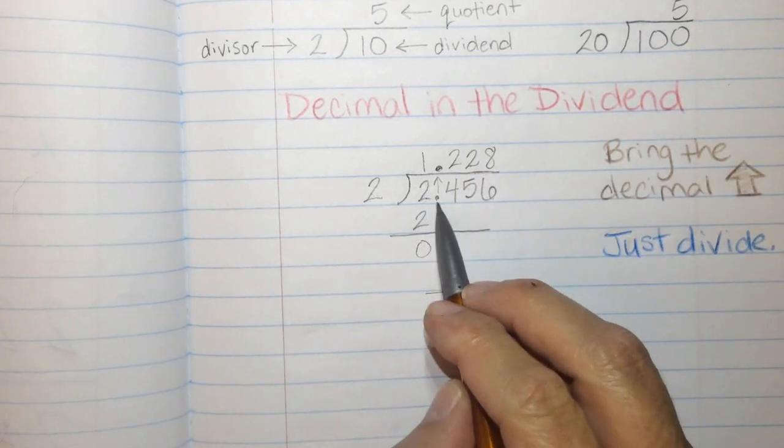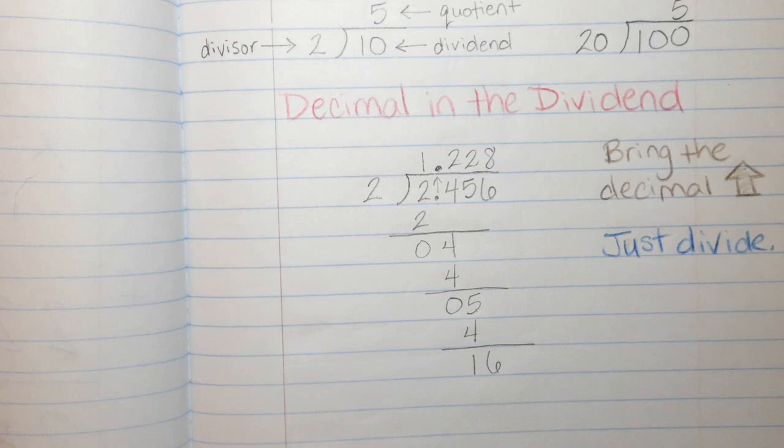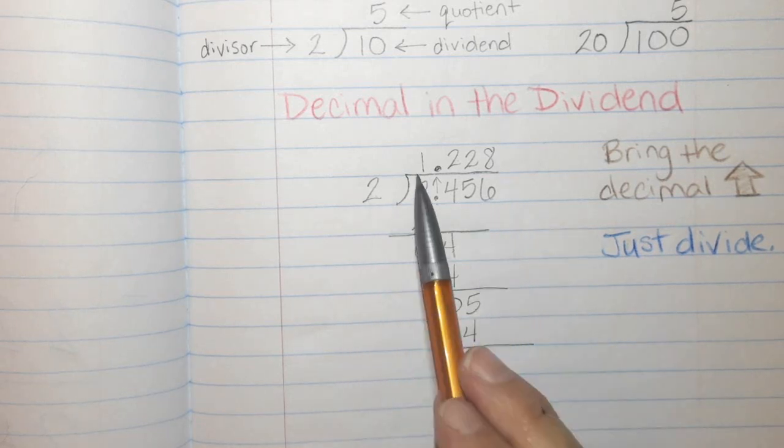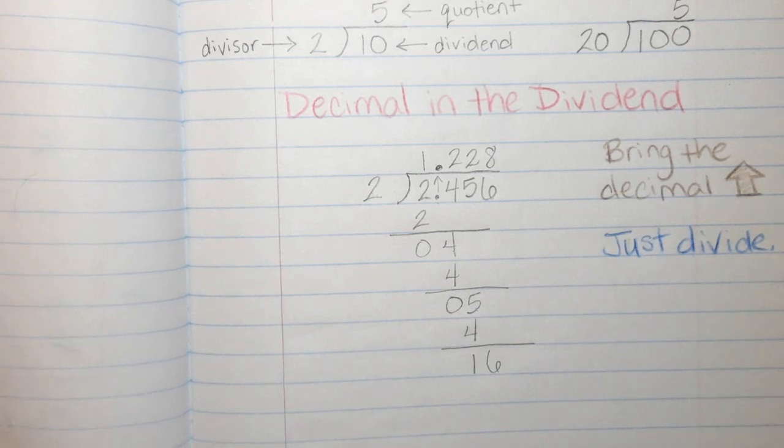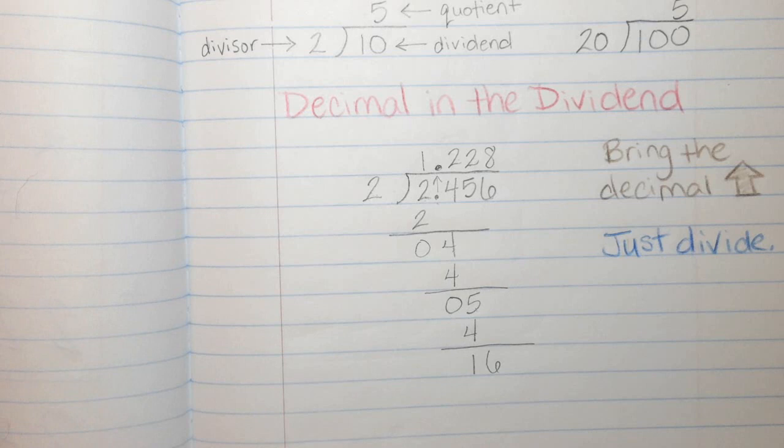So 2 and 456 thousandths divided by 2 is 1 and 228 thousandths. So that is one example.